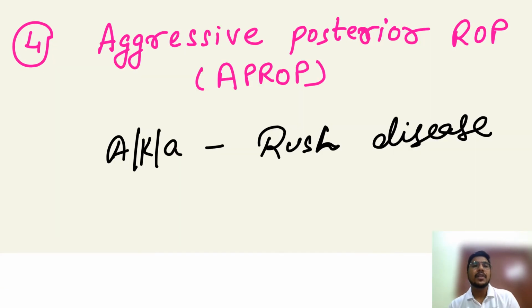Moving to the fourth point. We now know the stages: first the demarcation line, then a ridge, then fibrovascular proliferation, then partial tractional retinal detachment, then total retinal detachment.